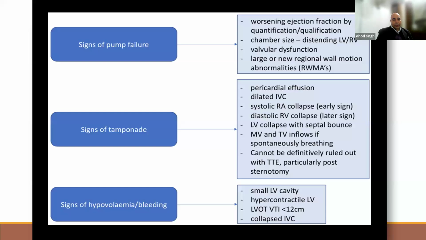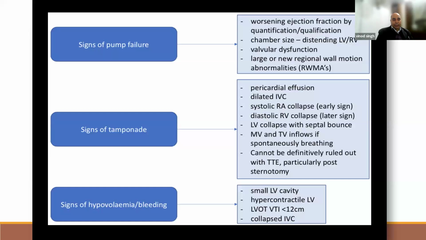And if this is the situation in a central ECMO, you have to go for sternotomy, and this is a real emergency, because the patient is also on heparin, so you need to involve the cardiovascular surgeon.